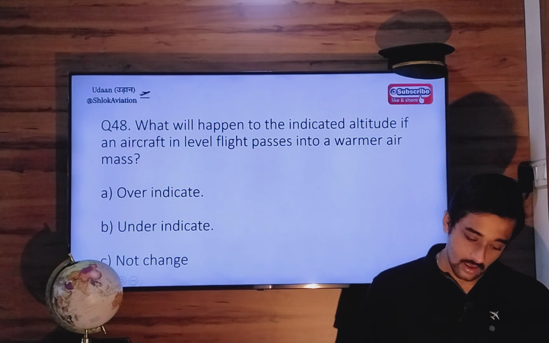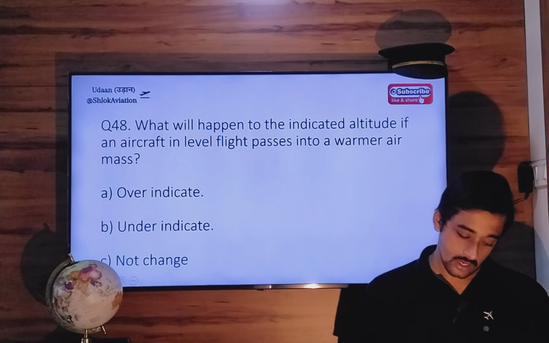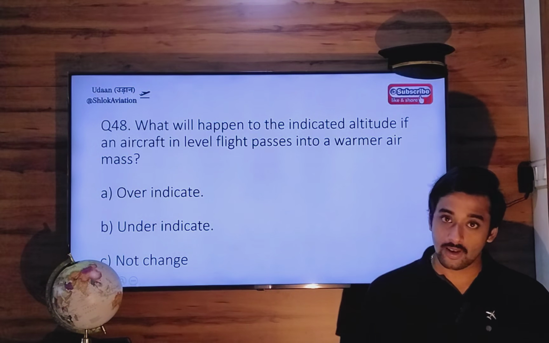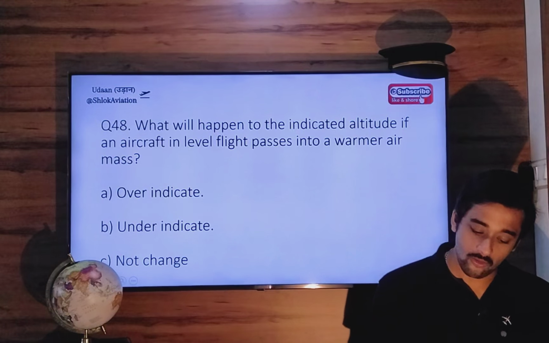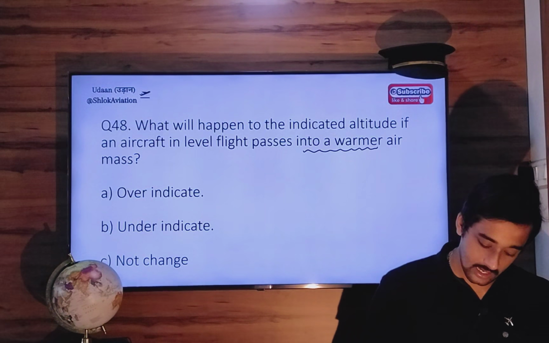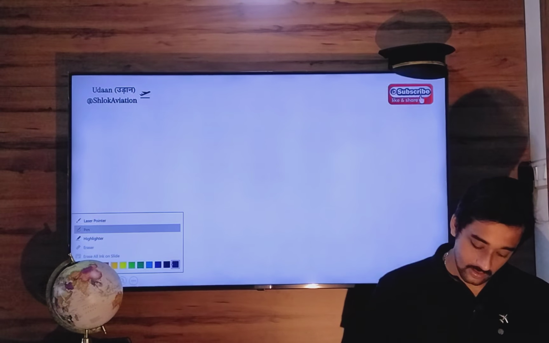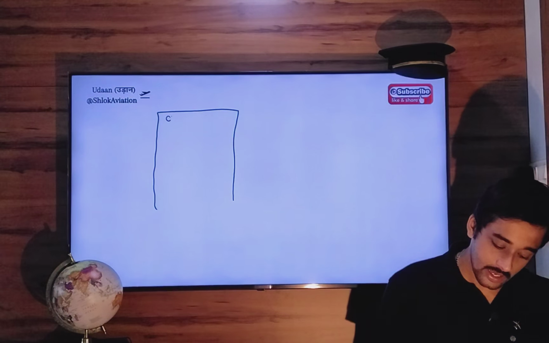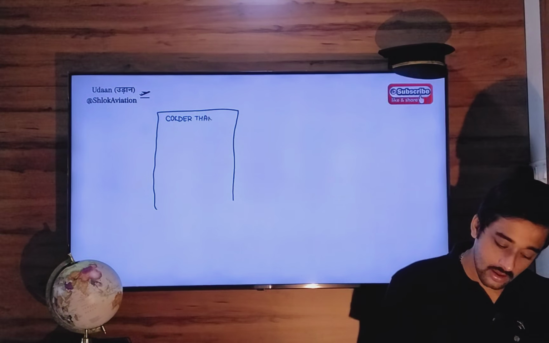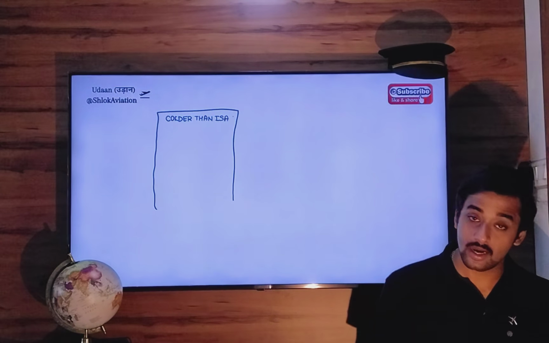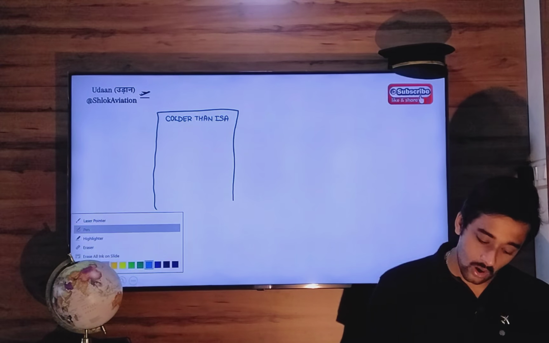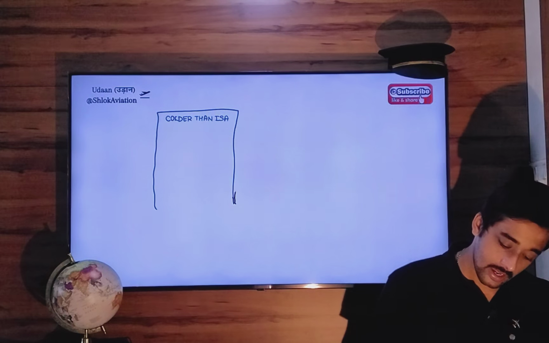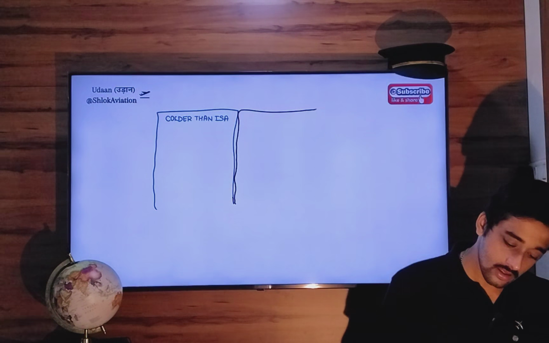Next, what will happen to indicated altitude if you are flying in level flight and you pass into a warmer air mass? Okay, so let's say you are flying in this particular atmospheric layer, which is colder than ISA, and from this atmospheric layer now you enter a warmer layer, warmer air mass.